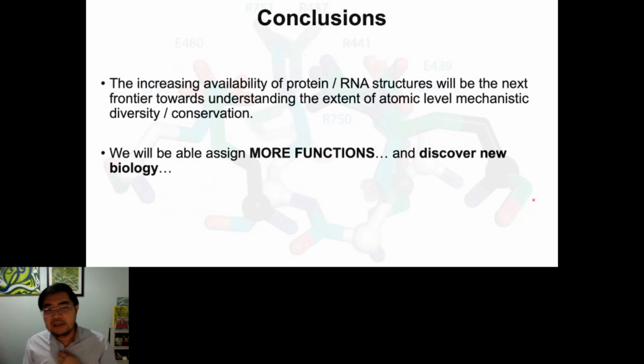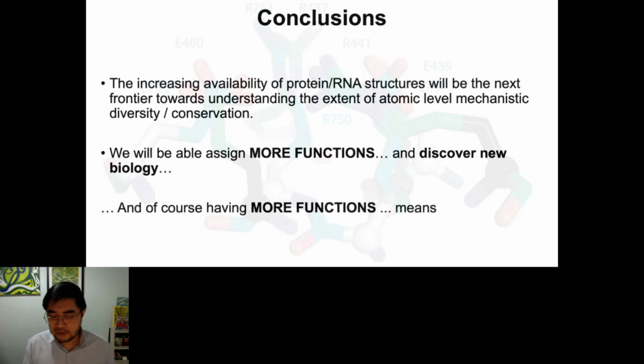And the increasing availability of protein and RNA structures will be, in my opinion, the next frontier towards understanding the extent of atomic level mechanistic diversity or conservation. And hopefully using these tools, we will be able to assign more functions and discover new biology. And of course, having more functions means having more fun in front of the computer.